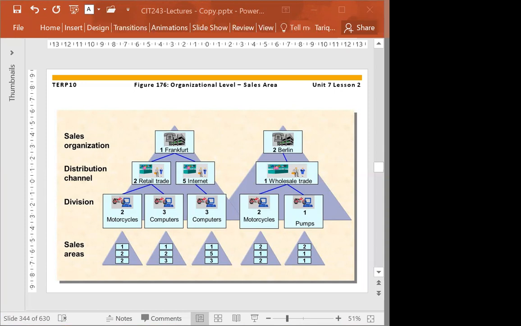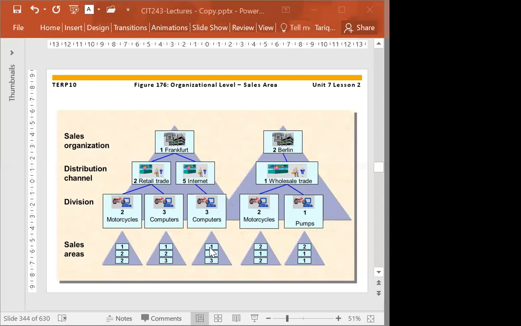So anybody who is purchasing an item must be using one of the sales organizations, one of the distribution channels, and one of the divisions. Either it could be from this side or from the computer division, and the retail and Frankfurt is the sales organization. So with any combination, at least one combination is required to complete the sale.